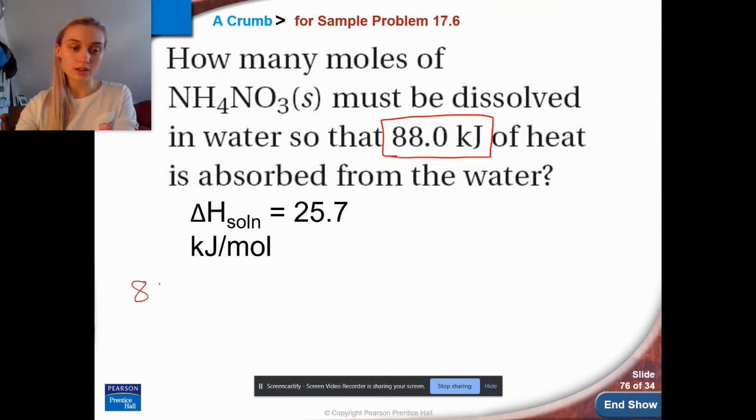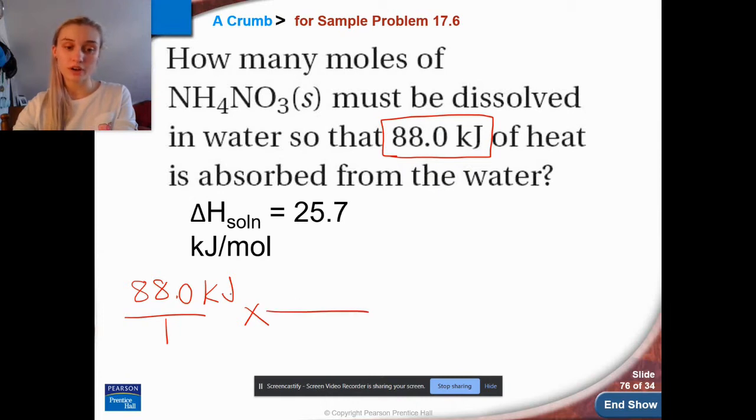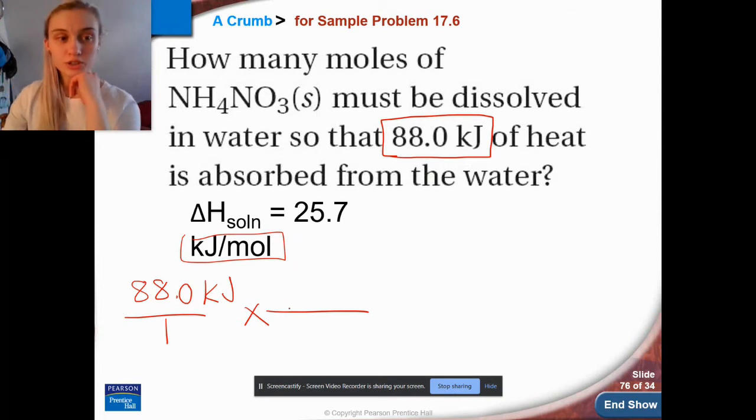So we're going to write 88.0 kilojoules over 1. Then we're going to do our conversion. We already have kilojoules, so we can automatically use this conversion right here, kilojoules per mole. So we're going to say this heat of solution, I'm going to continue kilojoules in the bottom.